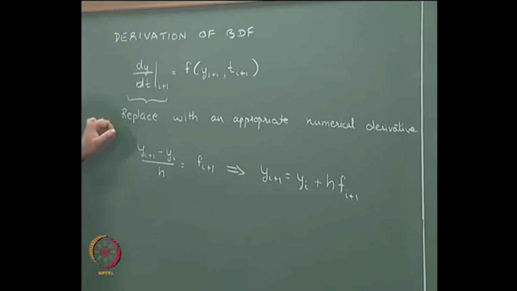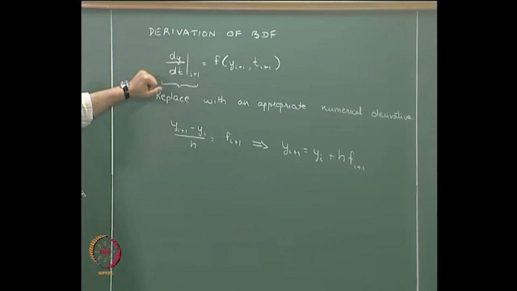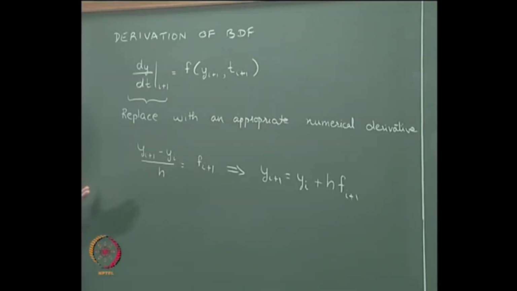Okay. So this is the first way, the backward difference formula of order 1. Now if we want to derive the backward difference formula of order 2, we have to replace dy by dt with the numerical derivative of the second order.